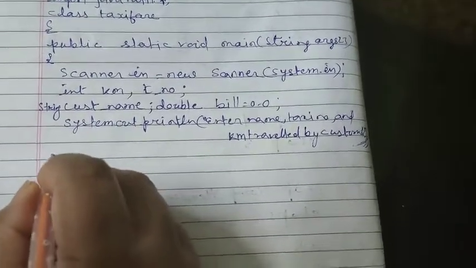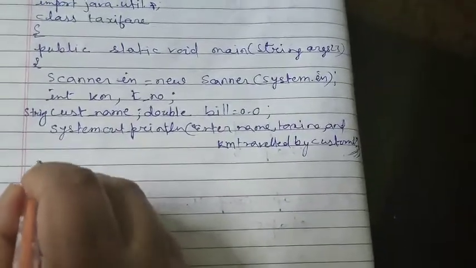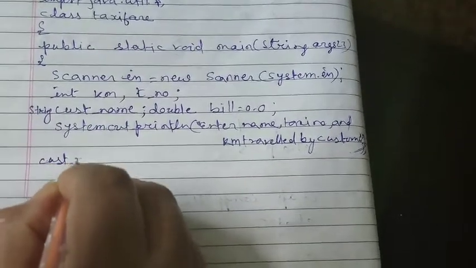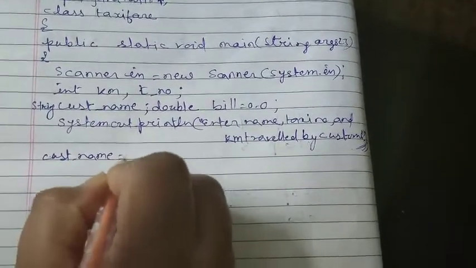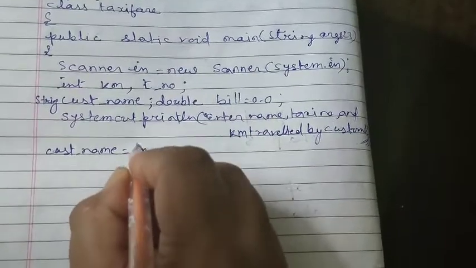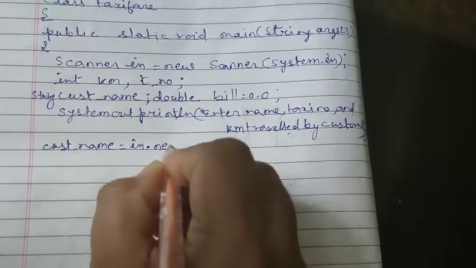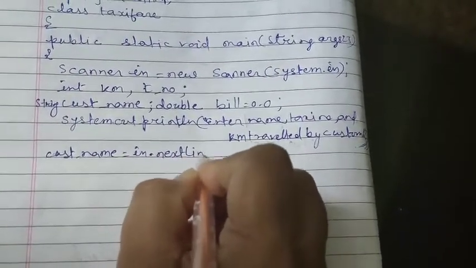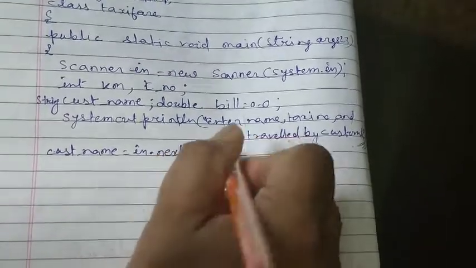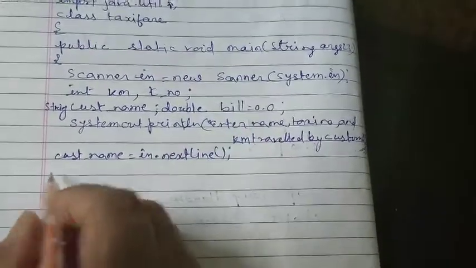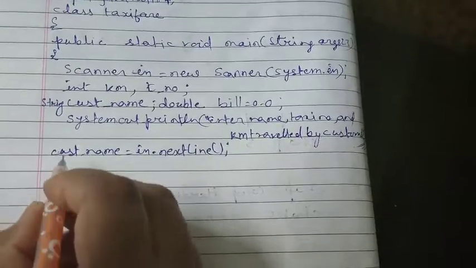First is the name, so for the name I have taken cust name. Cust name is equal to in.nextLine, because this one is a String. After that I am going to enter the taxi number.